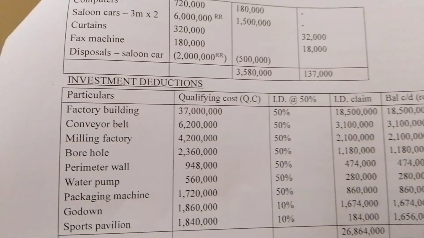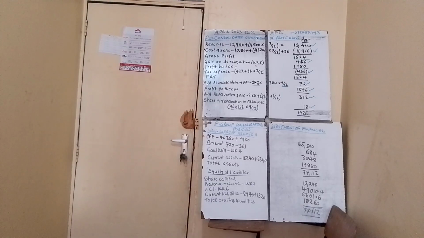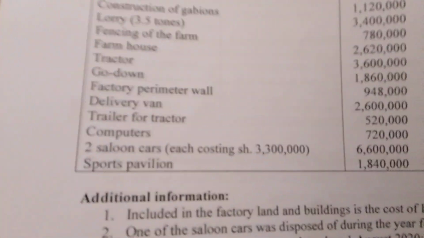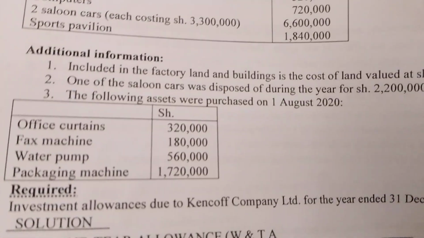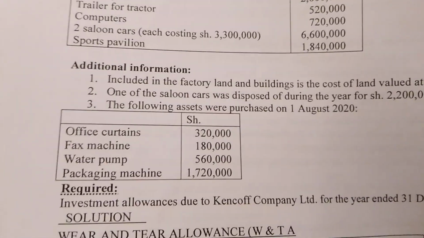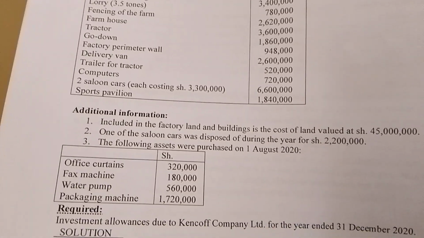Now disposals. Disposals, which is in additional information number 2: one of the saloon cars was disposed of during the year for shillings 2.2 million.